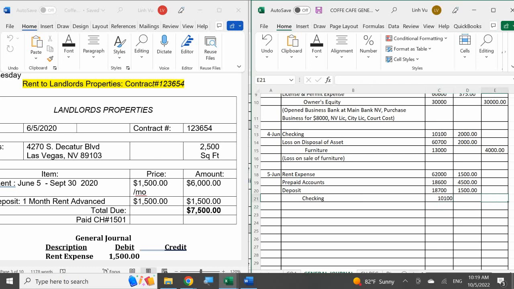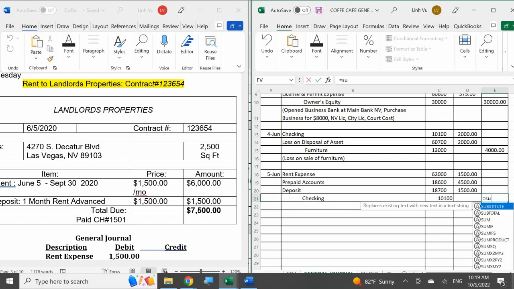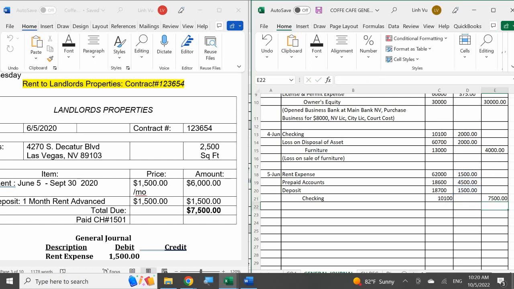And where does the check come out from? Your checking account. So in this case, for a grand total of how much? $7,500. Good. Okay?